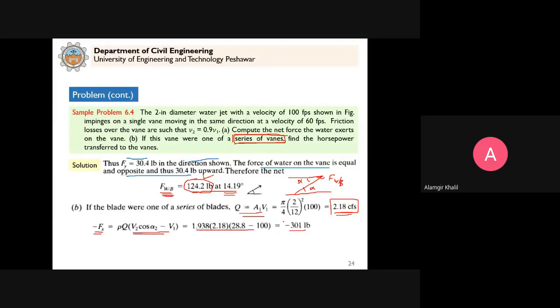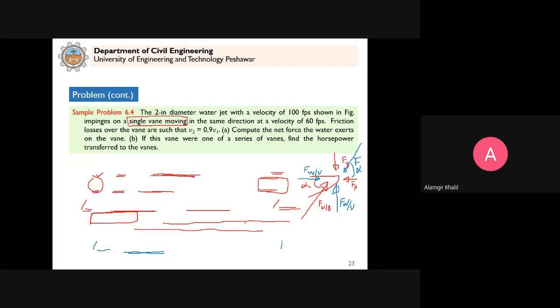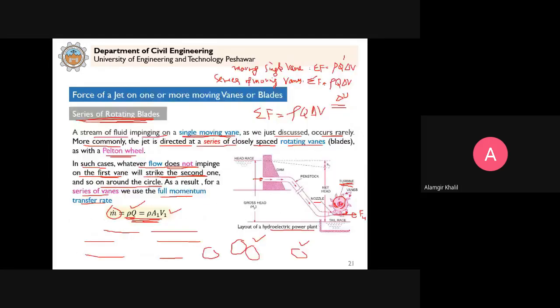Minus and minus cancel out. It means the assumed direction is correct. There will be Fy here. There will also be Fy. But for a series of moving vanes, as I show you here, in this Fy we are not interested. We are only interested in Fx because it will rotate this vane.